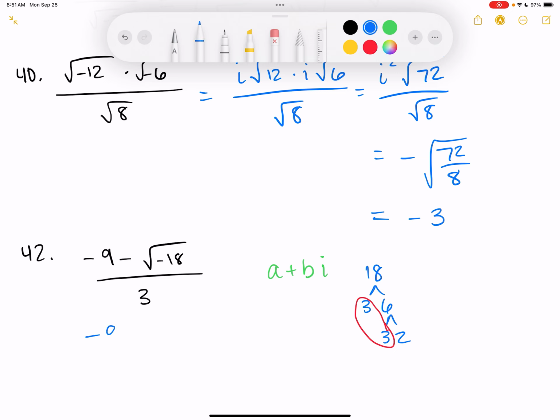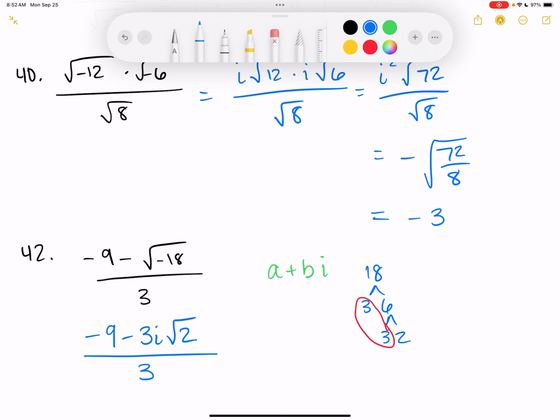So I've got negative 9 minus 3, and I had the i that came out, and then the square root of 2 that was left inside, all over 3. Now, a lot of people here go, I can cancel 9 and 3. No, you cannot, because it's being subtracted on top, I can't just cancel it from the front.